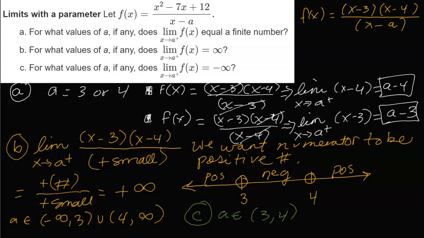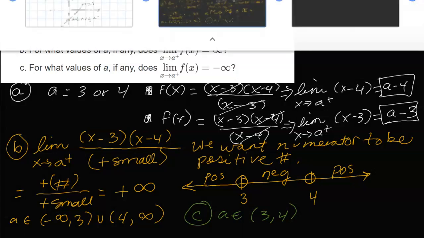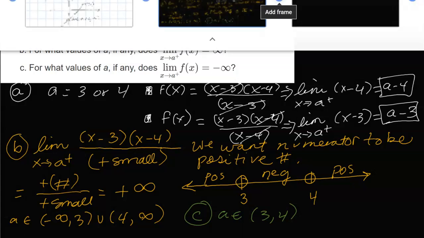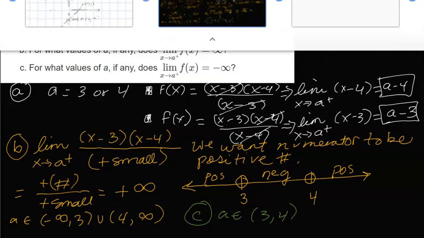Okay, so I'm going to go ahead and do an example of what that meant. Let's pick a to be, say, 2.